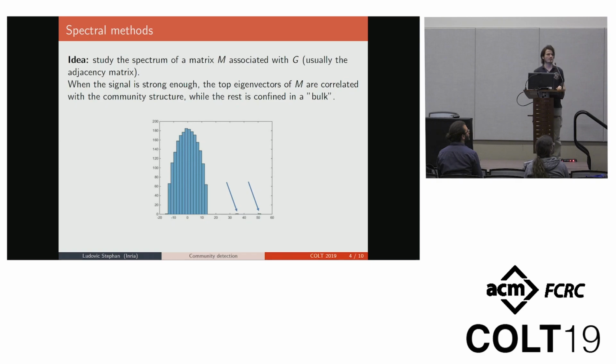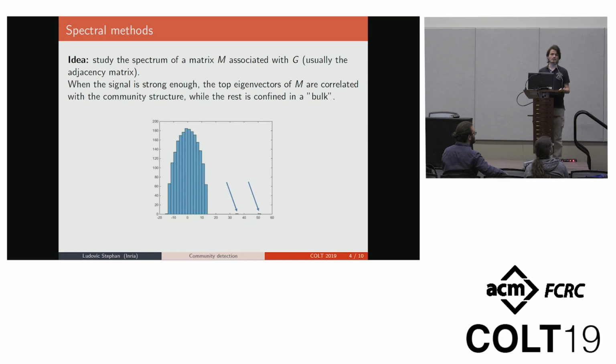A wide array of methods has been designed for this, but we will study specifically the spectral methods, whose main idea is to find a matrix associated with G, which is usually taken to be the adjacency matrix. And when the signal is strong enough, which means that the average degree and the difference between communities are large enough, then the top eigenvectors of this matrix M will be correlated enough with the community structure to recover some labels. And the rest of the eigenvalues are confined in a bulk similar to the Wigner semicircle law.